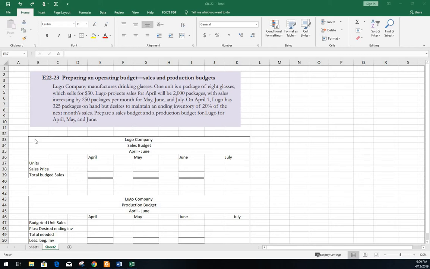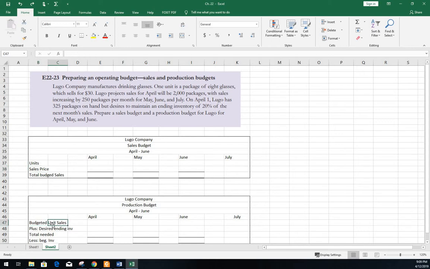Okay, so the first thing we have to do is produce a sales budget, and then we'll use the numbers from the sales budget to complete the production budget. It's important to remember that the sales budget has units and price. However, the production budget is the only budget like this that will only have units.